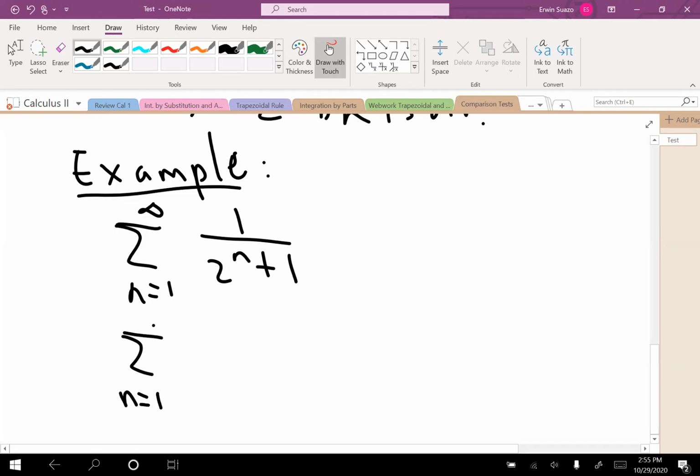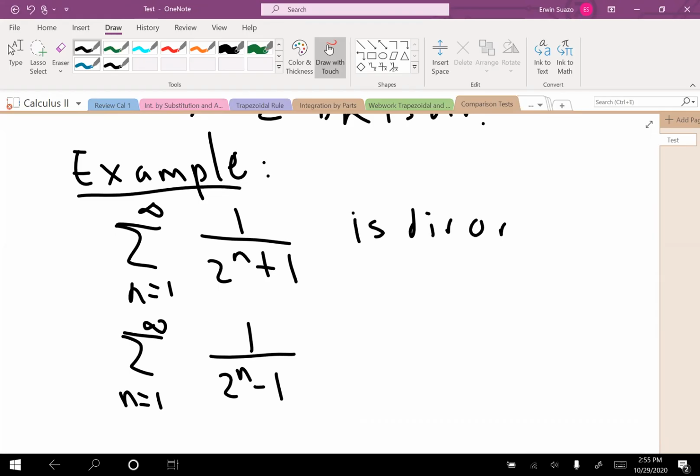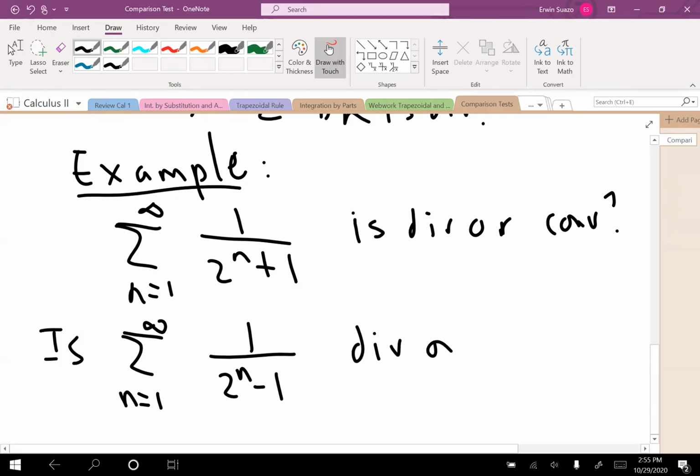The sum of n equals 1 to infinity of 1 over 2n minus 1. Is this sum divergent or convergent? Let me give you 5 minutes to try to do this. One you can solve, the other one you cannot with what we have right now. So one is convergent or divergent, the other one you cannot use the comparison test.